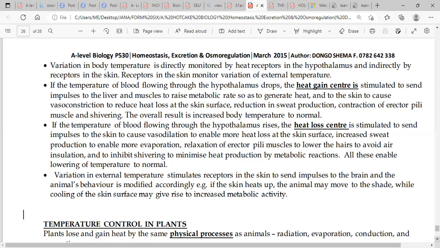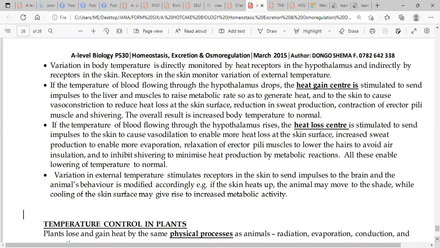And if the temperature drops as blood is flowing through the hypothalamus, then there is stimulation of the heat gain center, which will bring about the mechanisms that will raise the body temperature, such as reducing sweat production, vasoconstriction, contraction of the erector pili muscles and shivering, and then there is also a rising metabolic rate, so as you are able to generate heat.